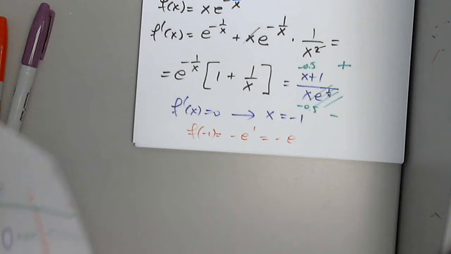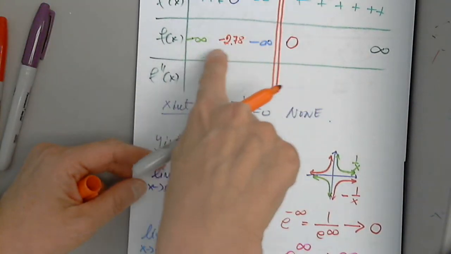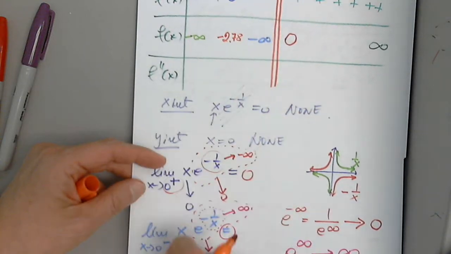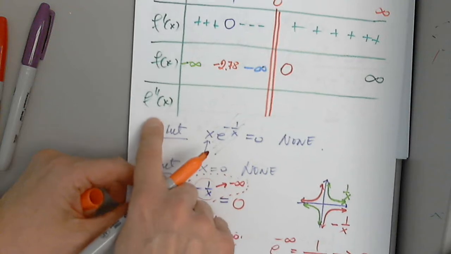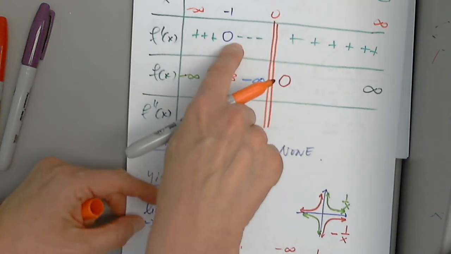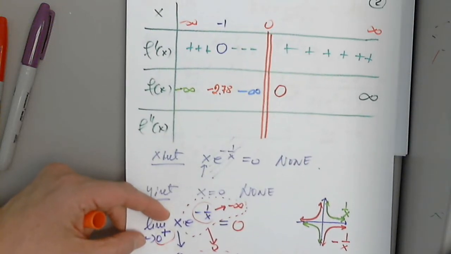Only in the original function. This is the original function, right? It's the point, the y value for x = -1. I have to plug it in the original function. I don't care about the second derivative, and I know the first derivative is 0. So in order to find the y value, I have to plug in -1 in the original function.